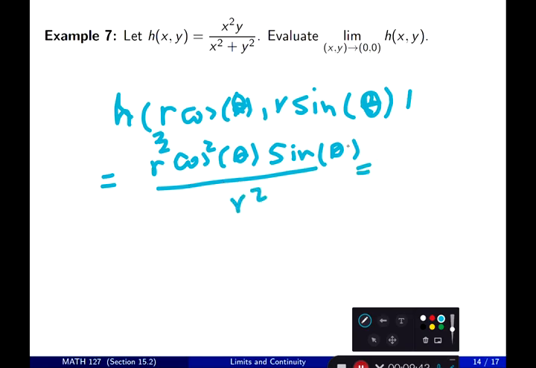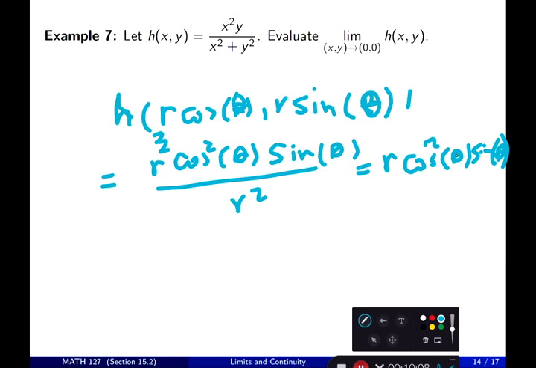And if r is not equal to 0, which is true because in the limit we're not at the point r equal to 0, we end up with r cosine squared theta and sine theta. Oh no, we didn't get rid of theta. Is there any way to deal with this?